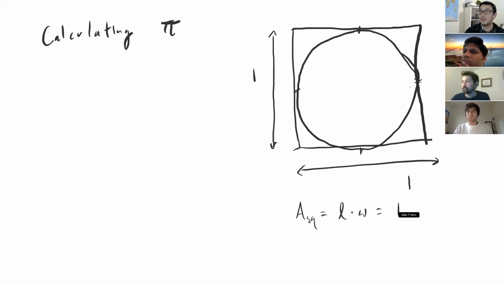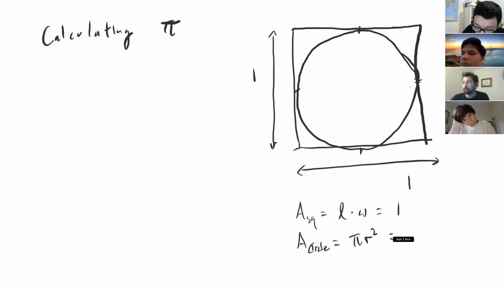I also know the area of this circle. Area of the circle is equal to pi r squared. And I know that the radius is equal to 1/2, right? And so this is pi times 1/2 squared, which is equal to pi over 4.